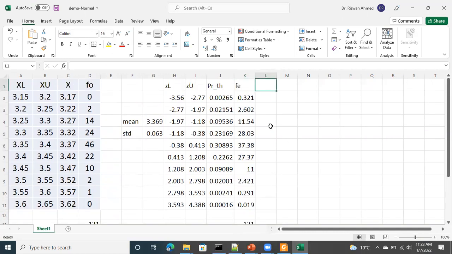Now we have to make a comparison. The comparison is established by a statistical test, a statistical calculation. It's not just by inspection. For the time being, let's stop up to this point. So see the procedure: we have computed the theoretical frequencies from the normal distribution.